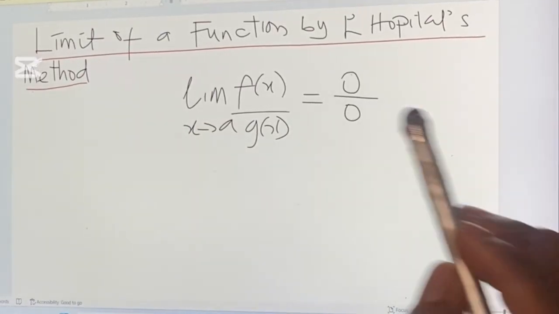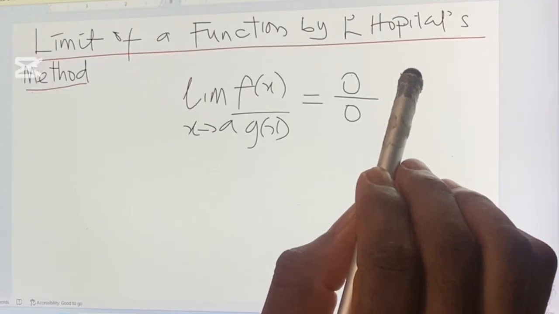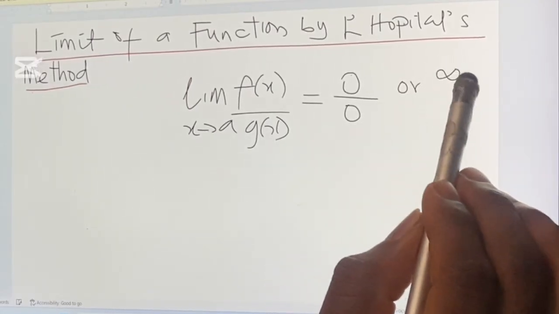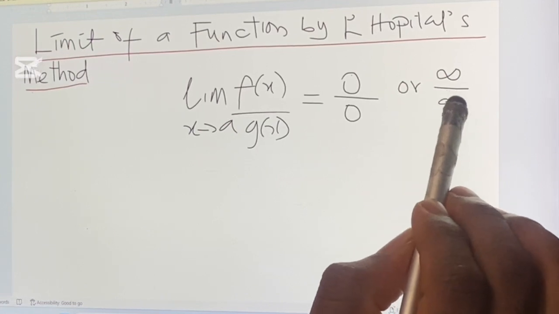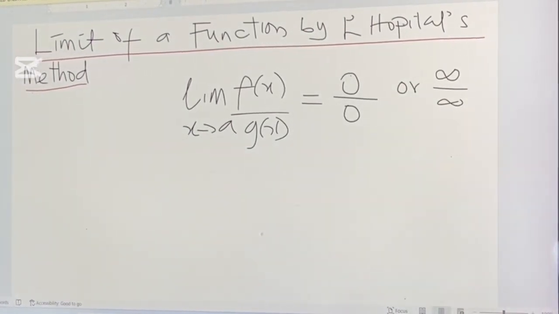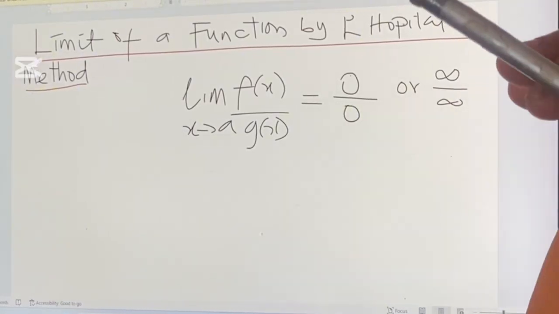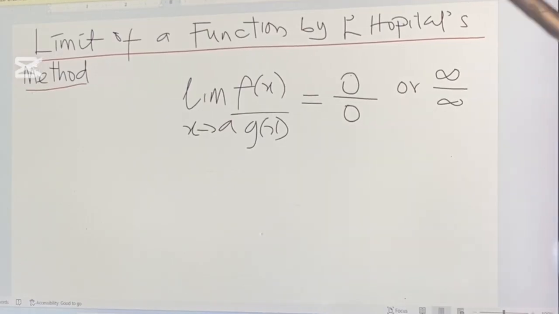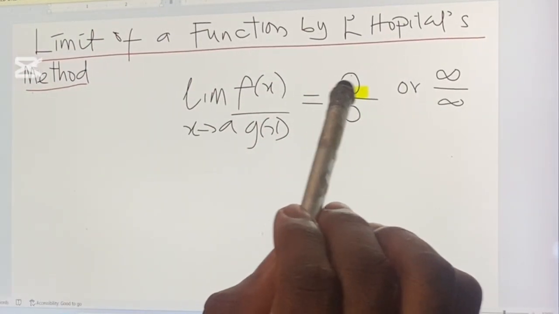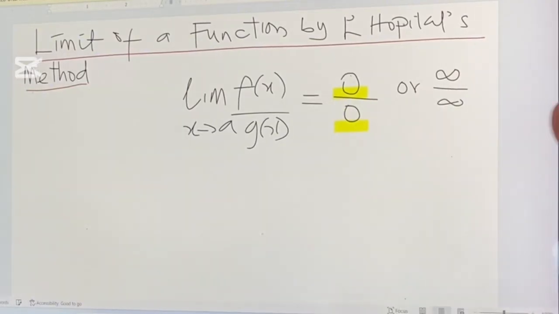Not only that, sometimes you might have infinity at the numerator and infinity at the denominator. We call that particular limit an indeterminate limit too.